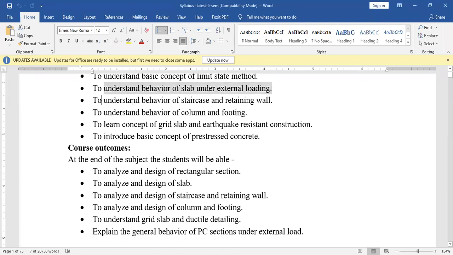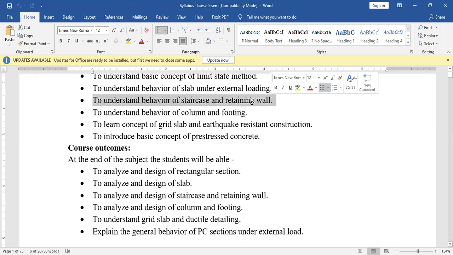Then we have the staircase as well as the retaining wall. Retaining wall is a different part, and staircase is also a different part. As you know, if you want to go vertically from one story to another, the staircase is used.